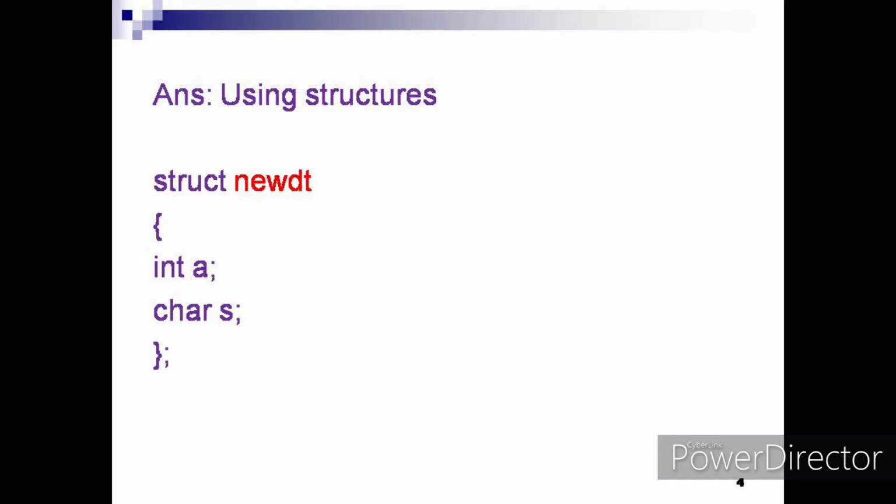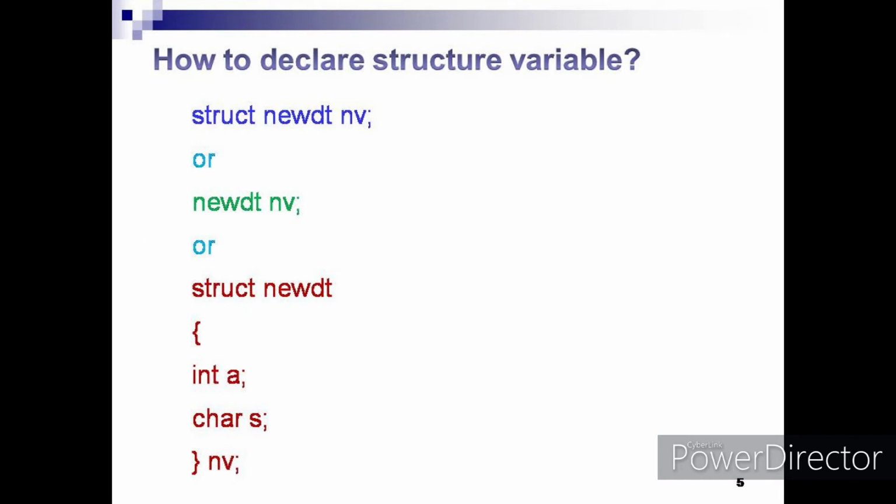Now for declaring a variable under the new data type new_dt, we can write this statement: struct new_dt nv. So we create a new variable by the name nv, or it can be done simply by the statement new_dt nv.